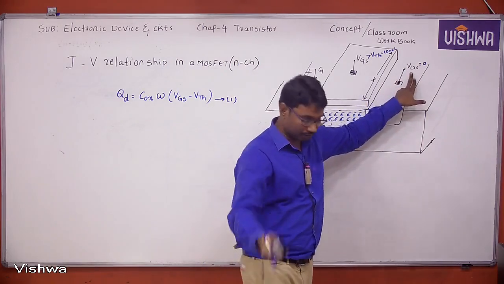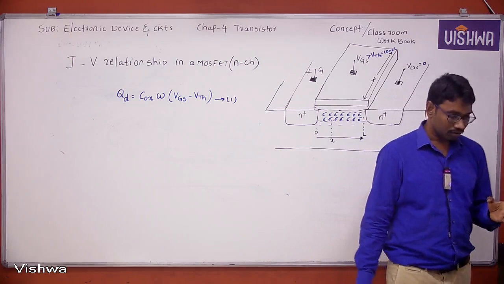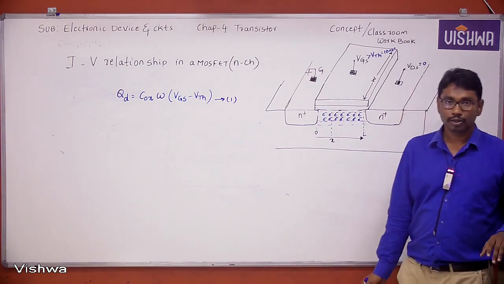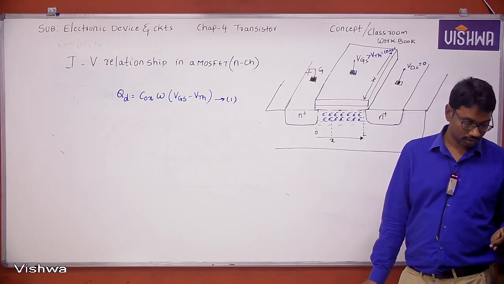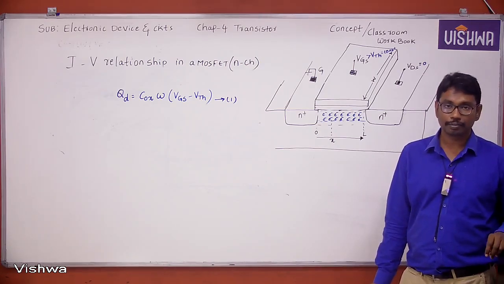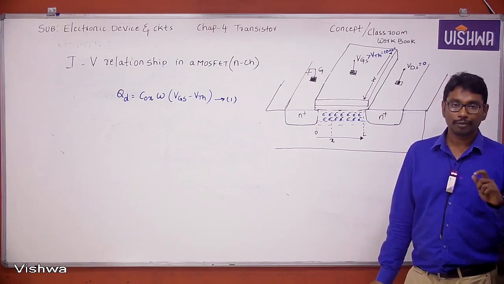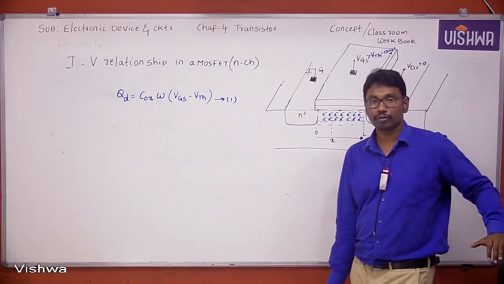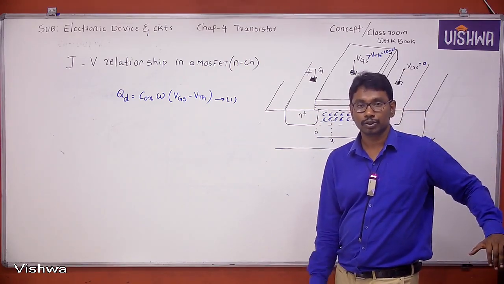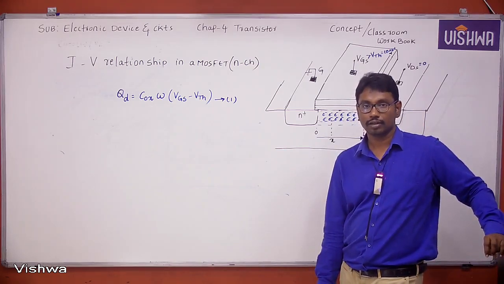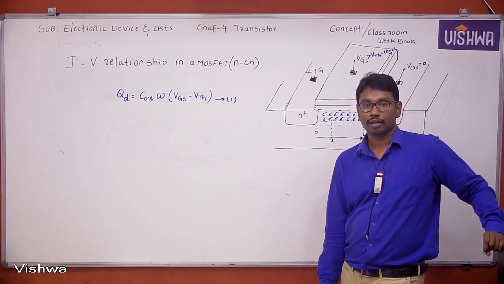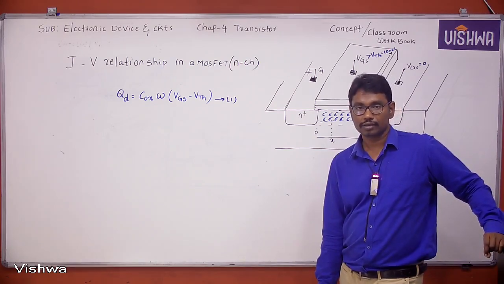Write down this point first. To obtain the IV relationship in a MOSFET, we make two observations. First, VDS is 0.